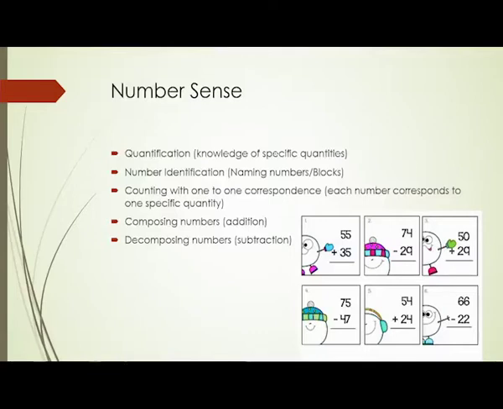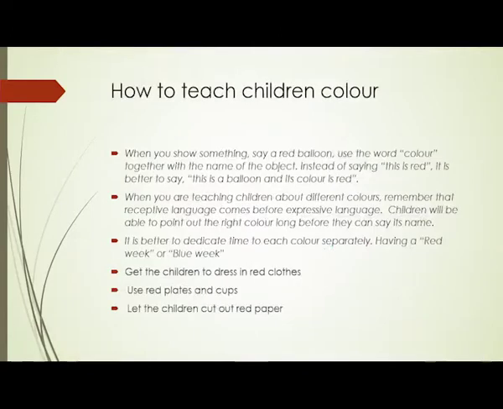Counting with one-to-one correspondence, meaning each number corresponds to a specific quantity. 1, 2, 3, like the egg box and the bottle caps that I've shown you. That is one-to-one correspondence. Composing numbers, simple addition. When we add numbers together, it is composing numbers, and decomposing numbers is subtraction. When we decompose numbers, we subtract numbers. When we add numbers, we compose numbers.